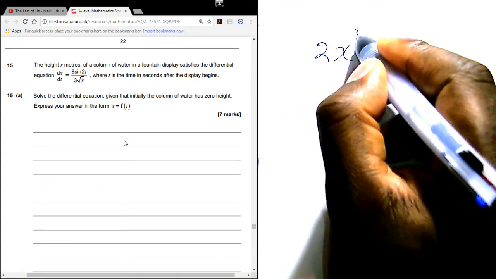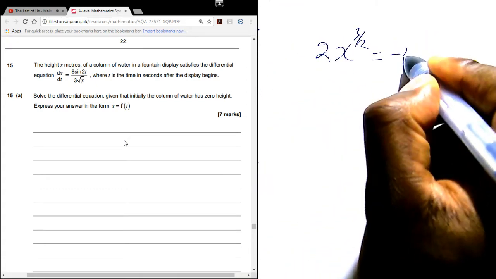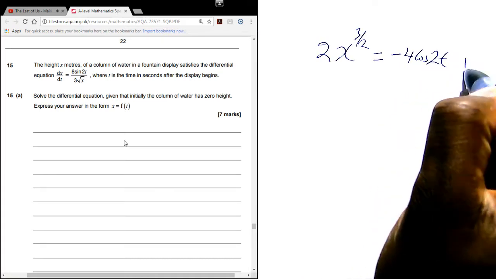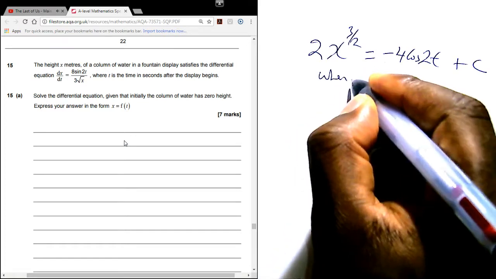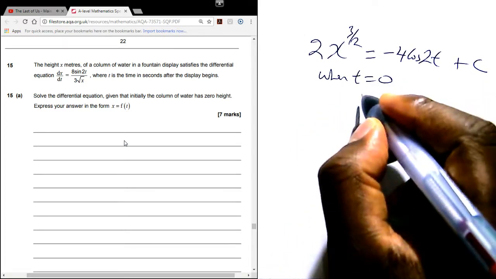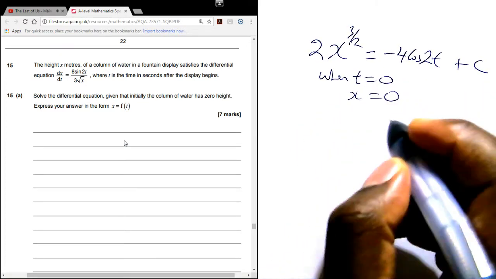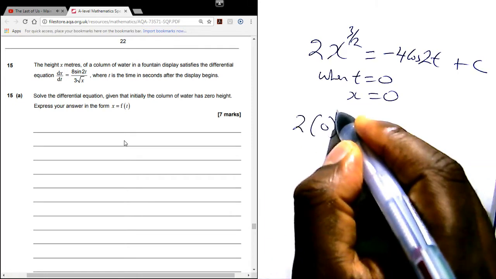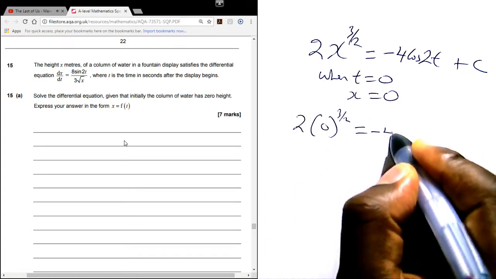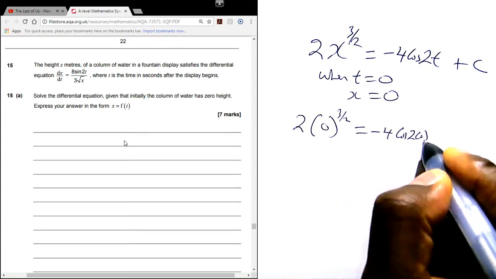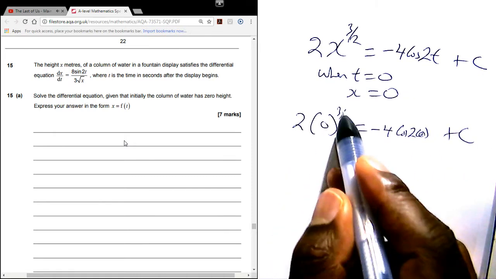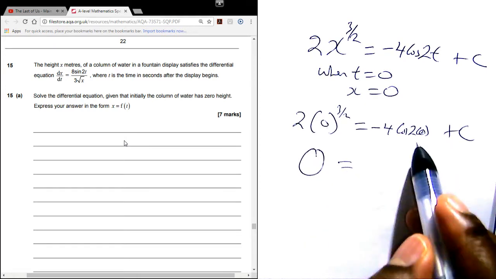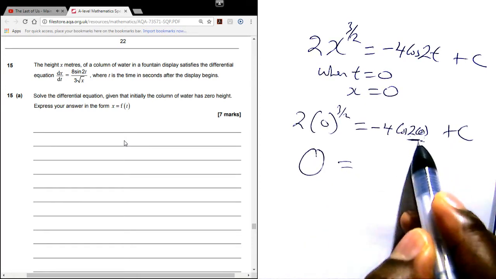2x to the power 3 over 2 equals minus 4 cos 2t plus an arbitrary constant c. When t was 0, x was also 0. So 2 to the power 0 is equal to minus 4 cos twice of 0 plus arbitrary constant c. 2 times 0 to the power anything is just 0. 2 times 0 there is 0.